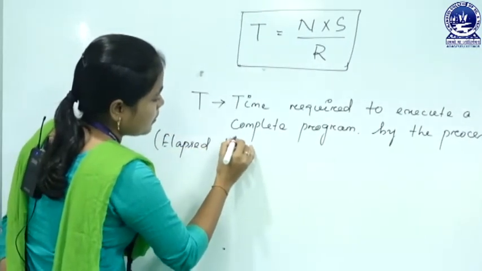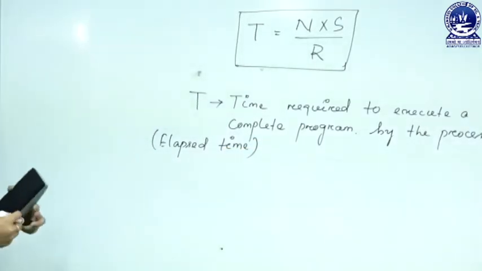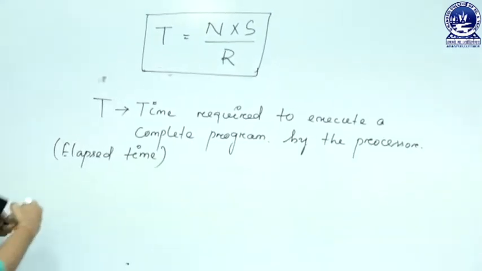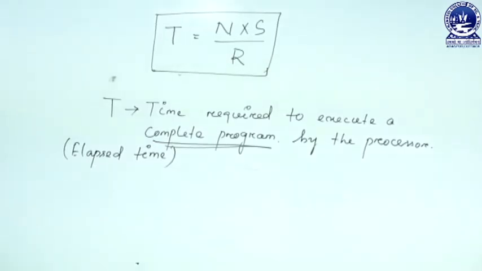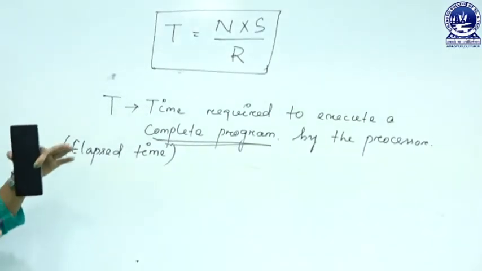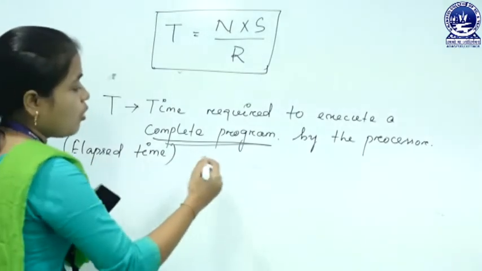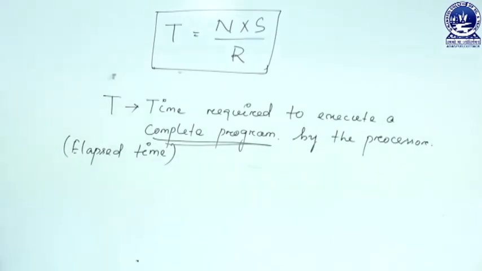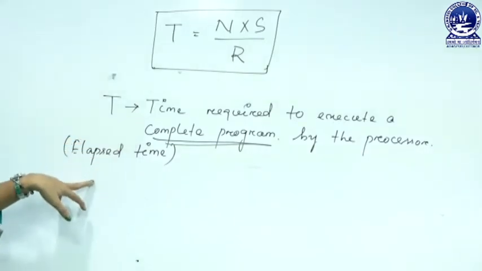That means the time required by the processor to execute a complete program. Again I am repeating, the complete program, not an instruction or a part of the program. All the instructions included in that program must be executed, so that we can calculate the time required or the elapsed time.